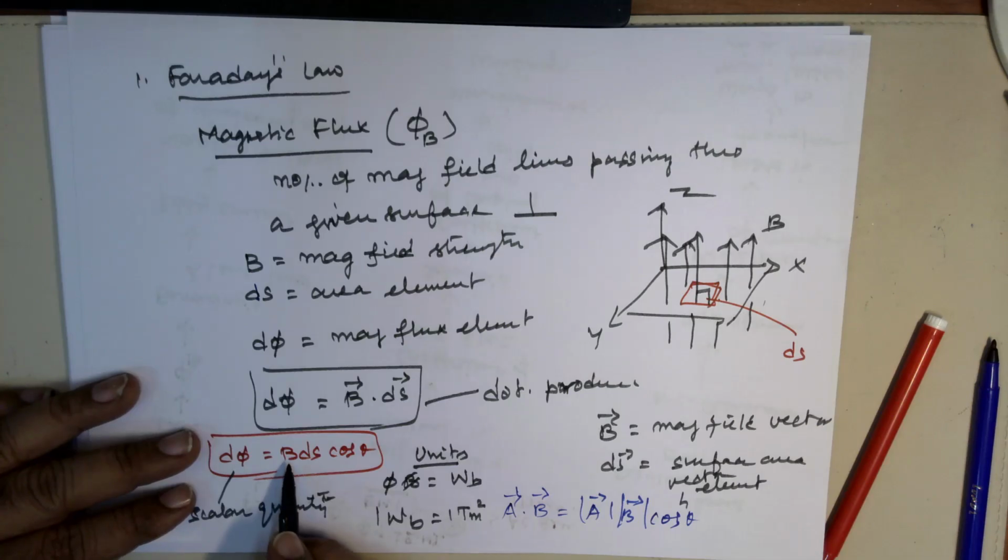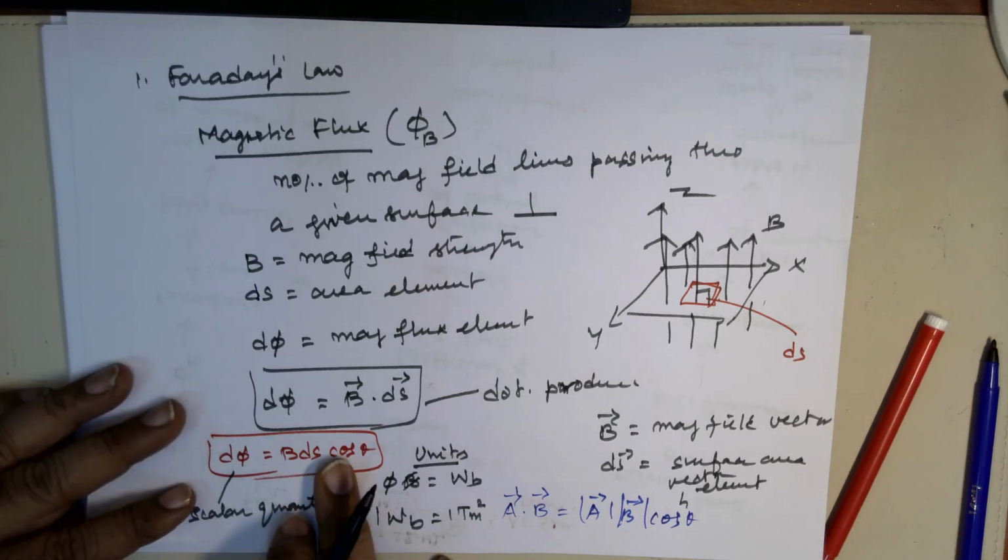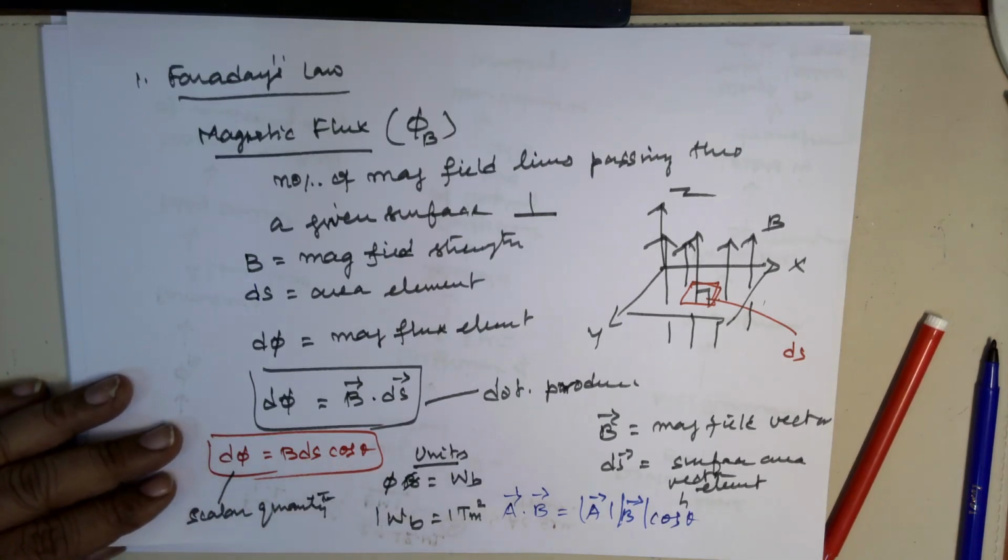Since the magnetic field unit is Tesla and this is meter square, Tesla meter square is called 1 Weber.